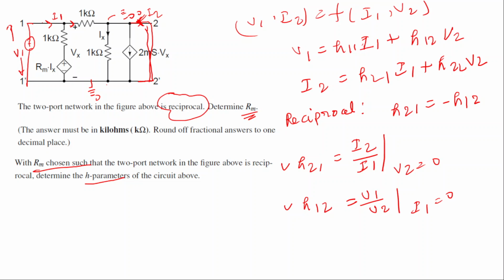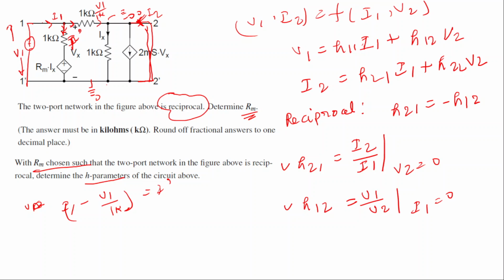So the current in this branch will be V1 by 1k, and the current in this other branch will be I1 minus this current, that is, I1 minus V1 by 1k. Let's say I dash is this current.